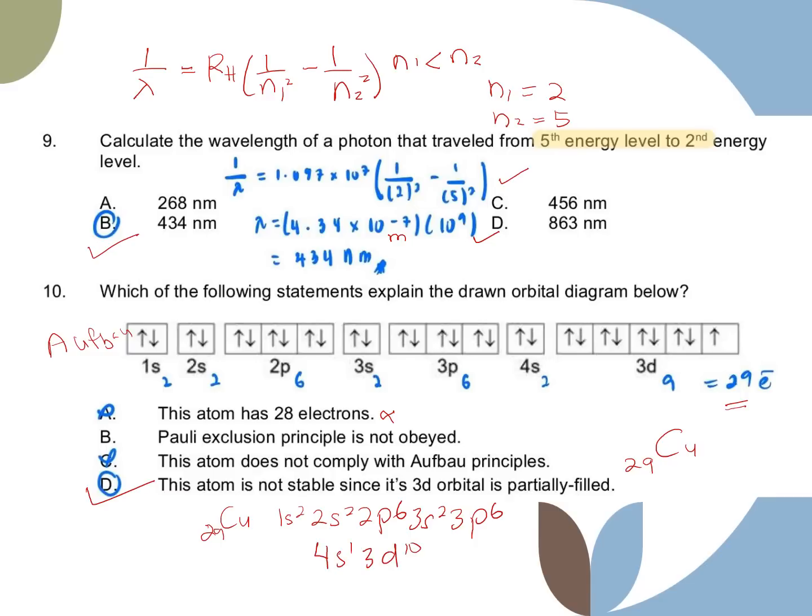Right here 3d10 is fully filled, more stable than partially filled. So this one is partially filled. So we have finished question number 10 from section A.